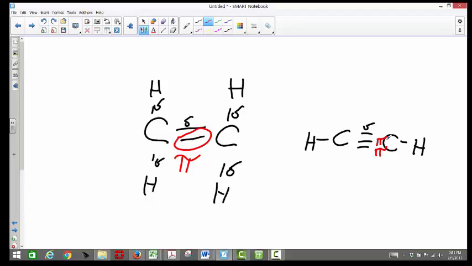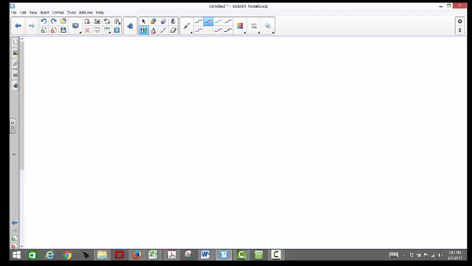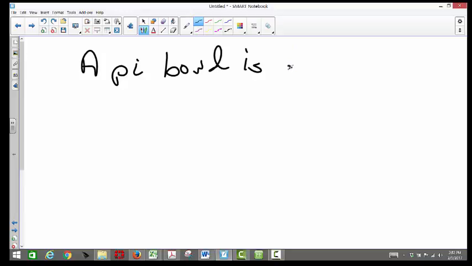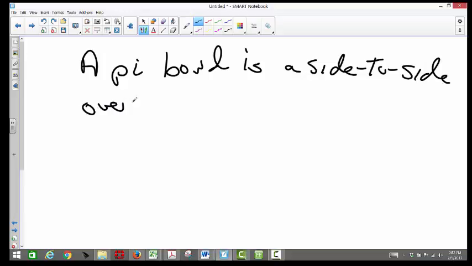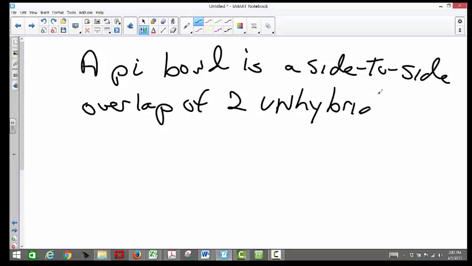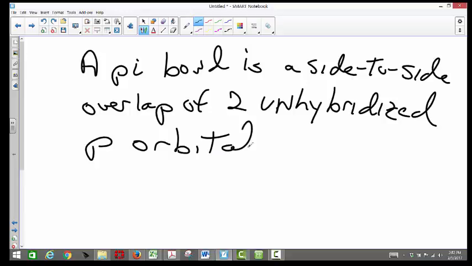Now, what is a pi bond? A pi bond is a side-to-side overlap of two unhybridized p orbitals.